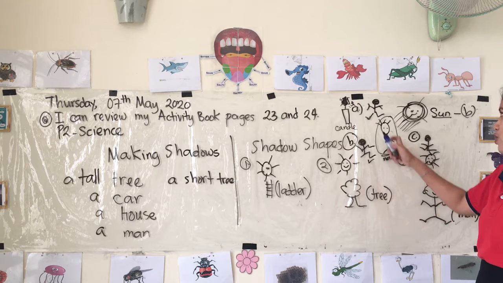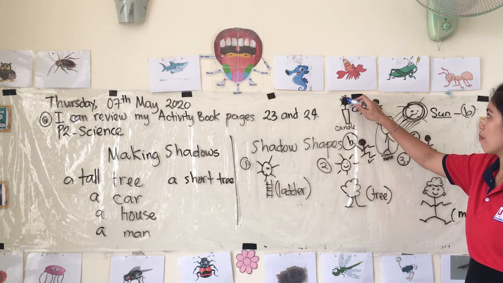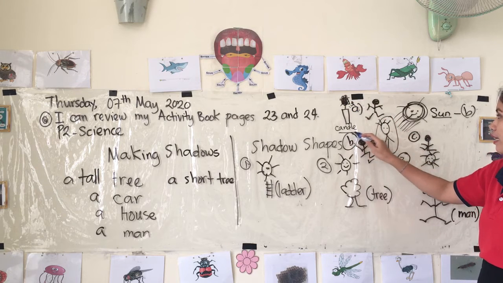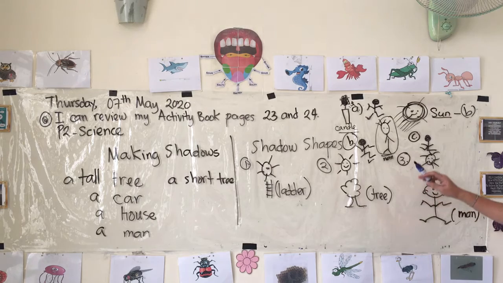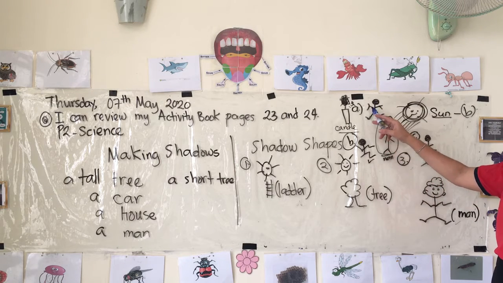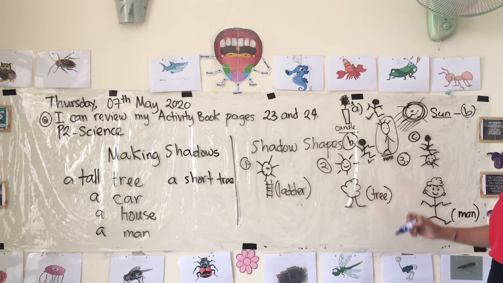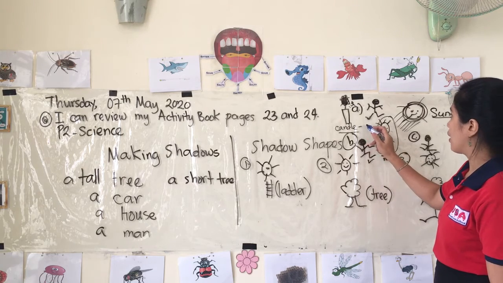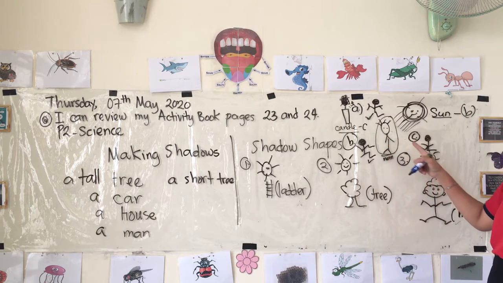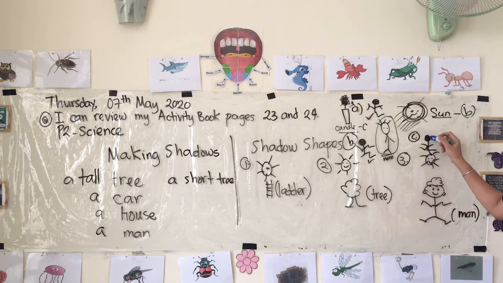Our object is the man. So if the source of light is coming from this side, which is a candle, the shadow will be A, B, or C. It's shadow letter C. So for the candle, the shadow of the man will be this one.